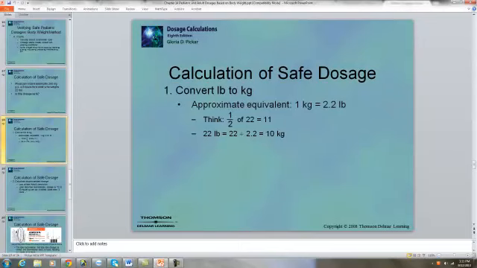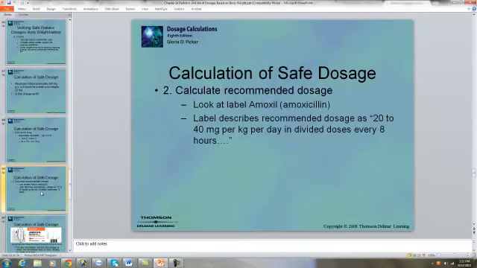So I divide 22 by 2 2/10, and I get 10 kilograms. Then I need to look up on the label what the recommended dosage would be. And the label describes the recommended dosage as 20 to 40 milligrams per kilogram per day in divided doses every 8 hours.